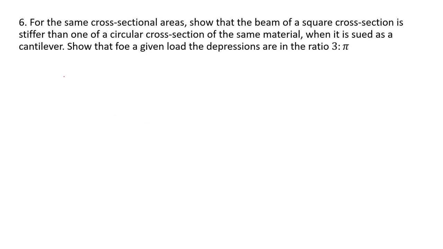Now it is asked that we have two different beams, one having a circular cross section, a circular beam, and also a square beam, and the area of cross section of both these is the same.